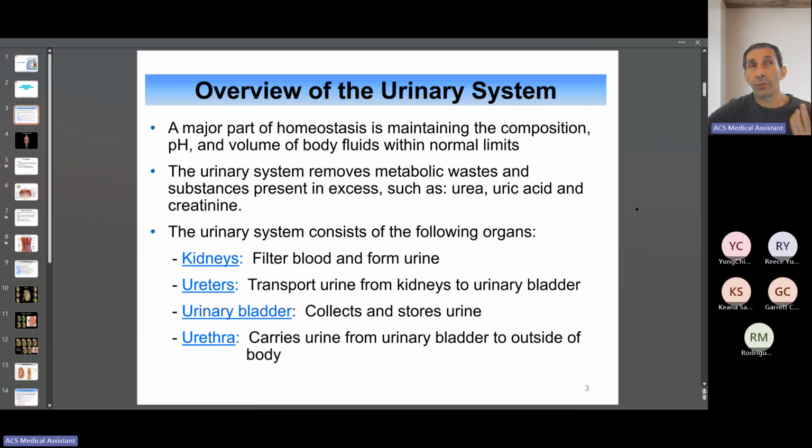Which functions are we talking about? Filtration, reabsorption, and secretion. We are going to talk about not just the kidneys, but what are the names of those cells that make up the kidneys?